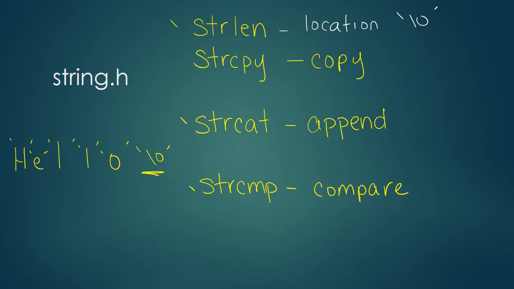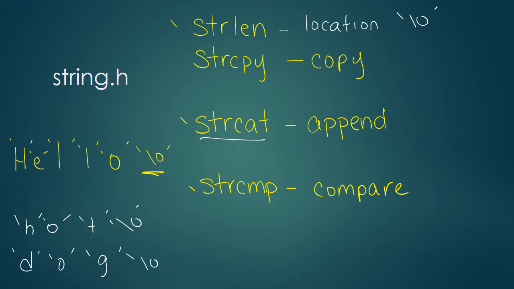Strcat is going to append one word onto the other word. So if you have the word hot, H-O-T, with a null character at the end, and then you have another one called dog, and I'm going to do more examples in a second. I'm just explaining that strcat is going to concatenate this.